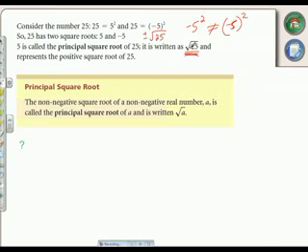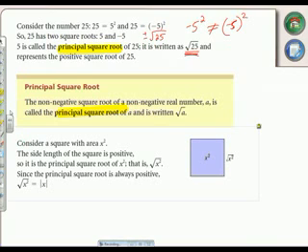We don't put plus and minus if we didn't put the square root in front. That's called the principal square root, and we've been working with this quite a bit this year already. The non-negative square root of a non-negative real number is called the principal square root.